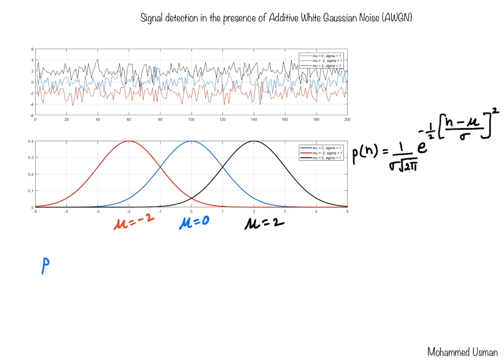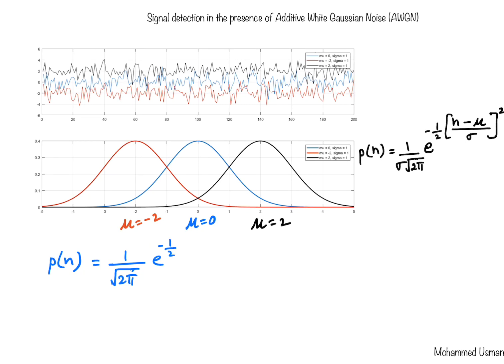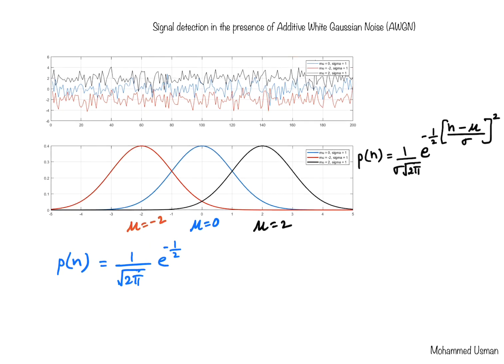So the PDF is 1 by sigma, which is 1, so we can leave it out. So it's 1 by root 2 pi e power minus half, and the mean is 0 in this case, so it's n minus 0 by 1 the whole square. So it is simply n square.